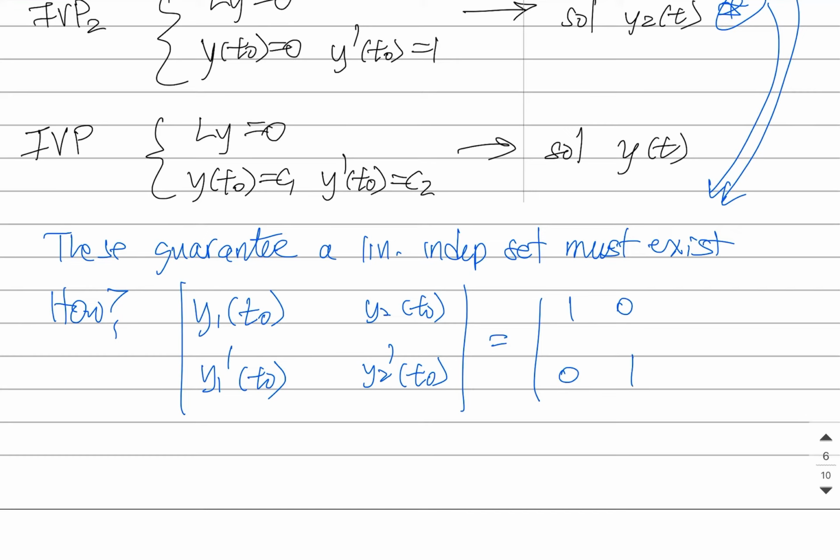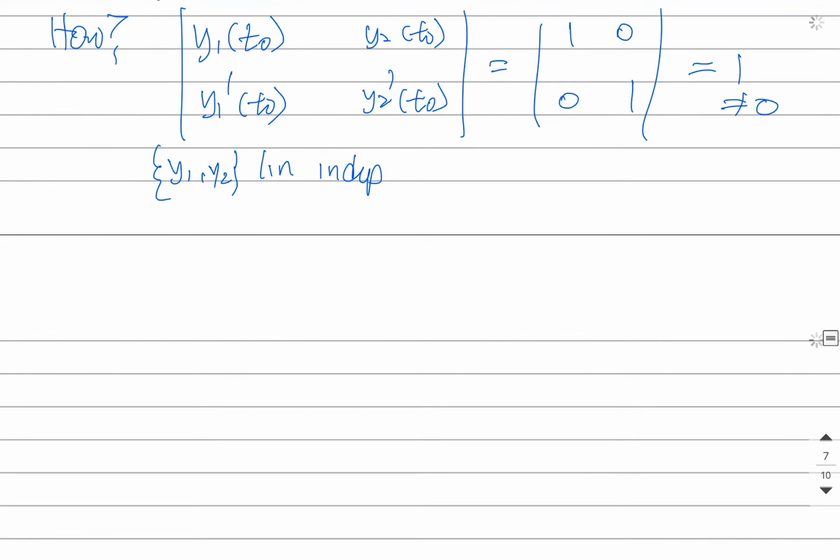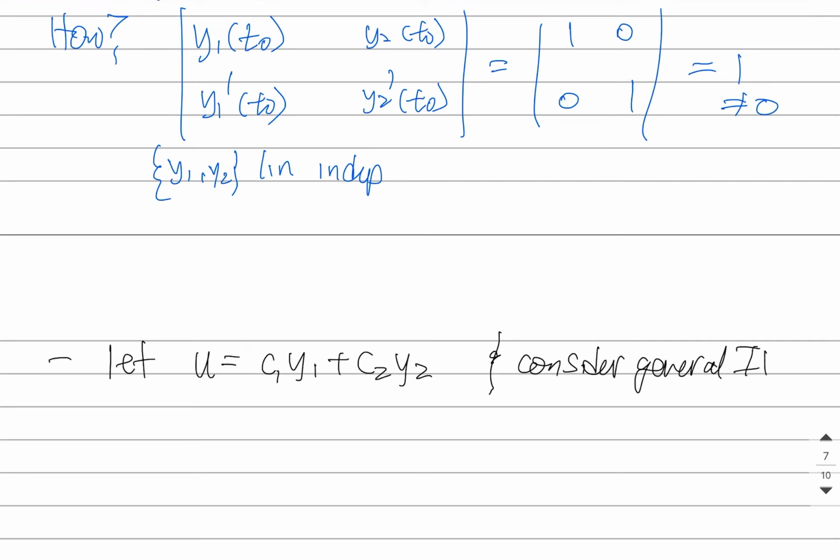The nice thing about those initial value problems is that these initial conditions will guarantee that I will have a non-zero Wronskian, so y1 and y2 are linearly independent, so that's great. And now that I know that I have two linearly independent solutions, let's talk about taking a linear combination of those two, and then we're going to consider the general initial value problem.